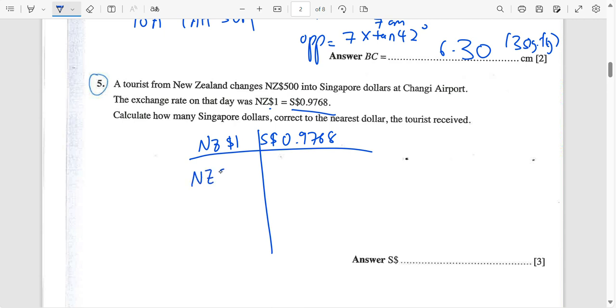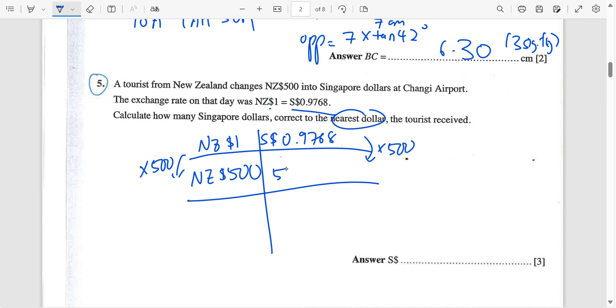So if you have New Zealand $500, how much Singapore dollar do you have? You need to correct to the nearest dollar. So 500 times 0.9768, and that will give you 488.40. But the question asks you to round to the nearest dollar, so it'll be 488.